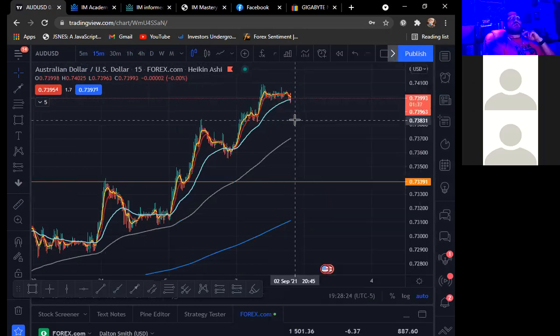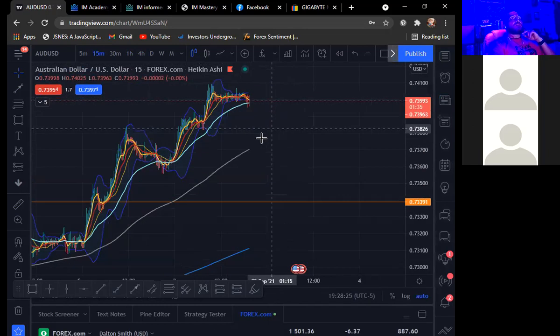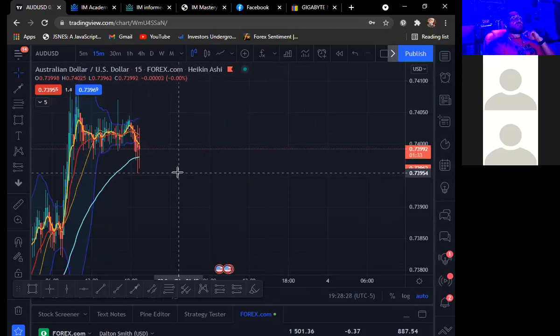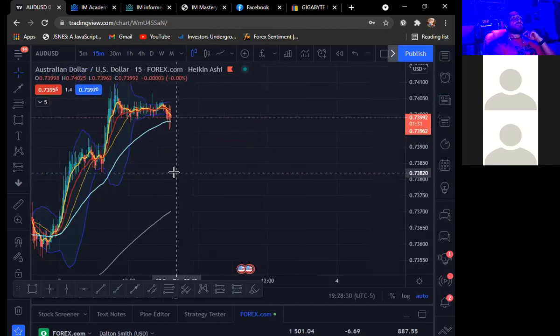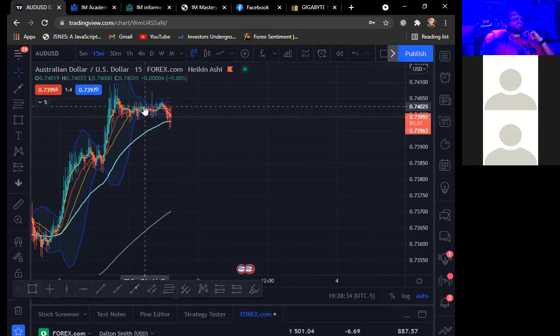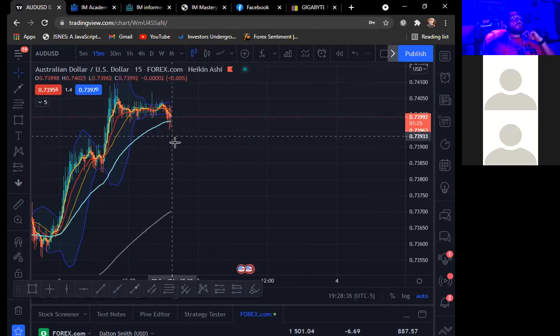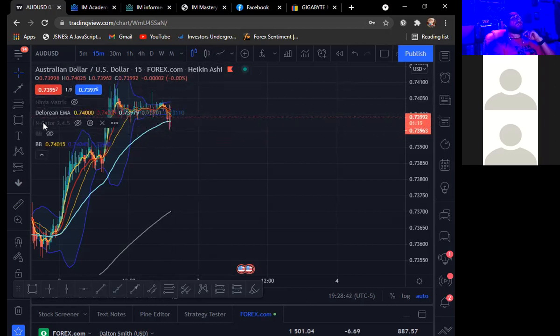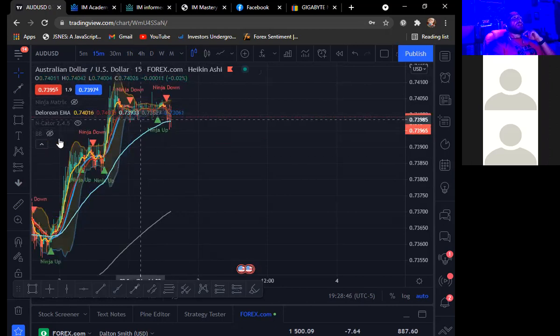Let's go ahead and check the Bollinger Bands. We're in serious consolidation here, so we're going to look to see if we stay in the Bollinger Band through the 50. Goes on twice. That's funny. Check the Ninjacator.